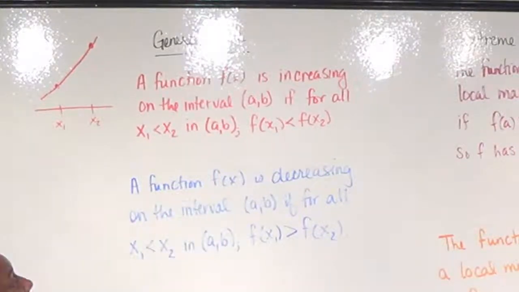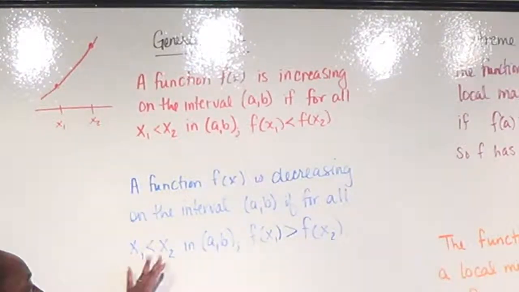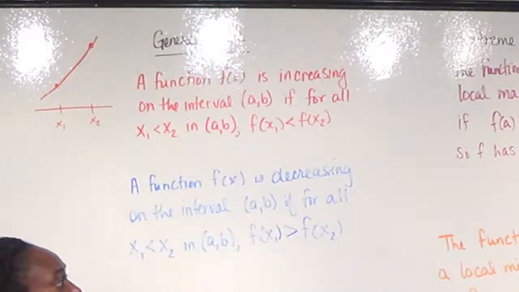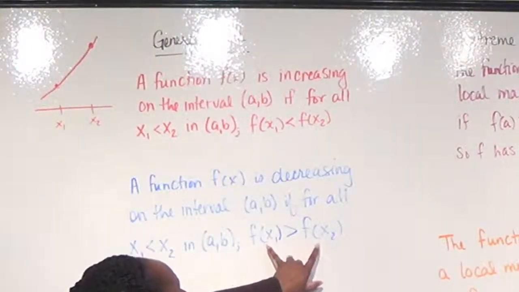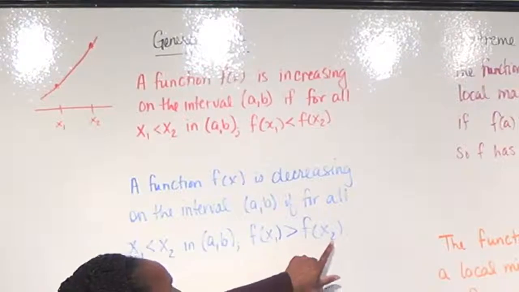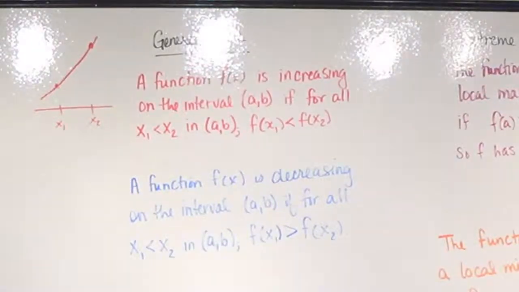A function f is said to be decreasing on the interval from a to b if, again with the same setup, I have some x1 less than x2 in the interval, and the value for x1 is bigger than the value for x2.